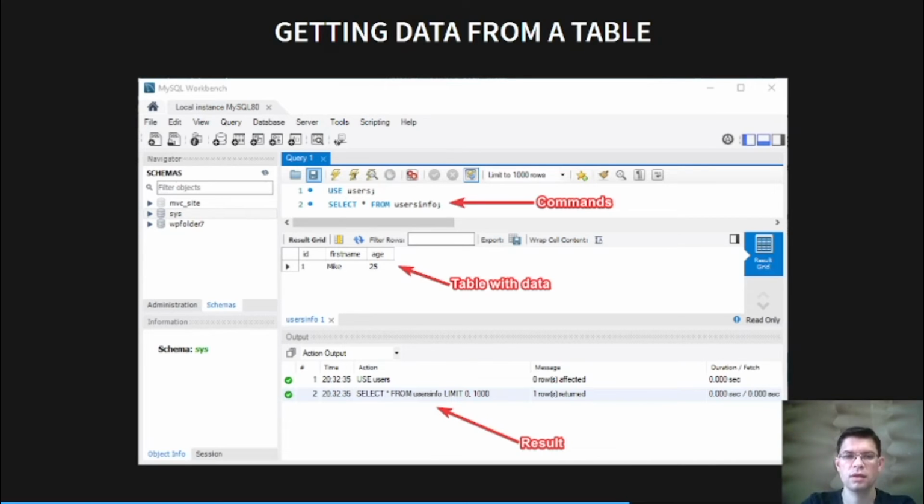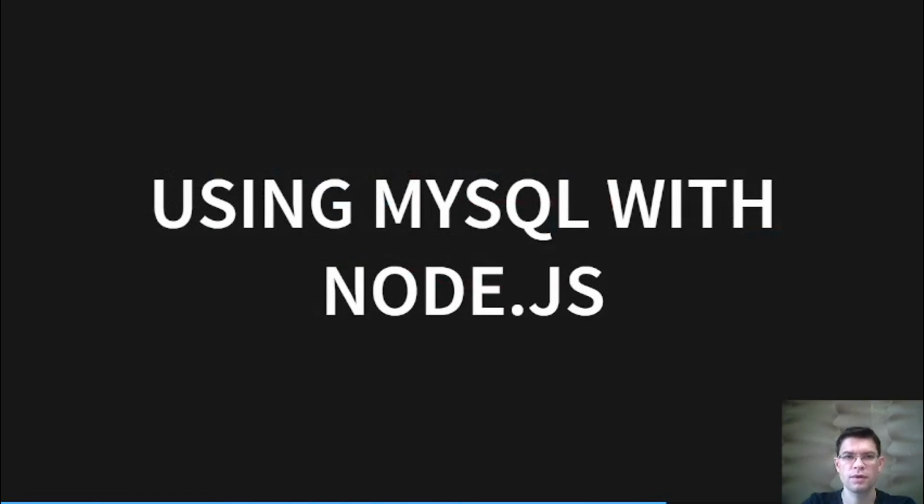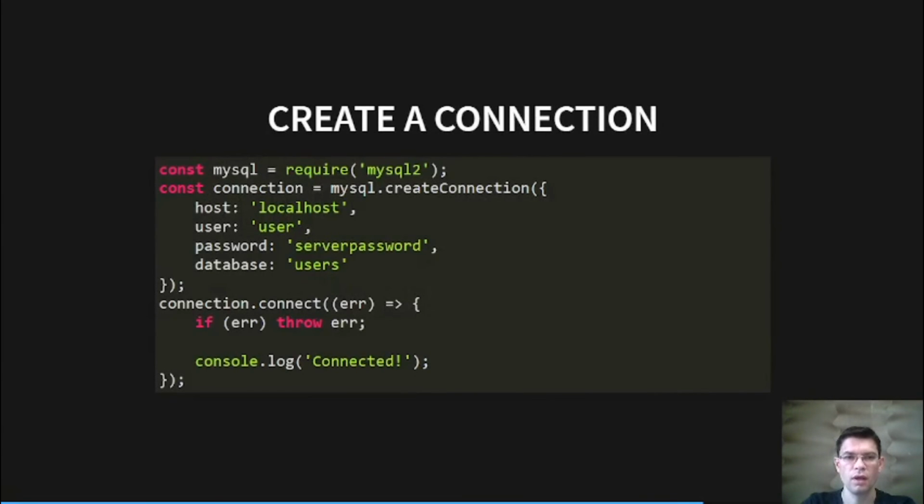Similarly, you can send all other SQL commands to the server using MySQL with Node.js. First, you need to install the mysql2 package. To create a connection, the createConnection method is used, which takes connection settings as a parameter and returns an object representing the connection. To establish a connection, we can use the connect method of the connection object.